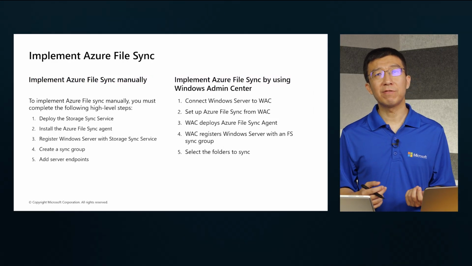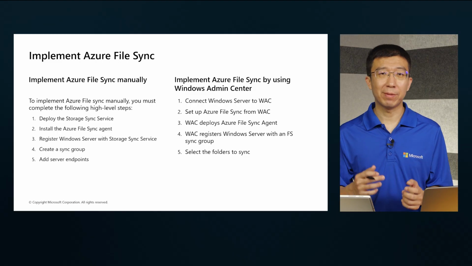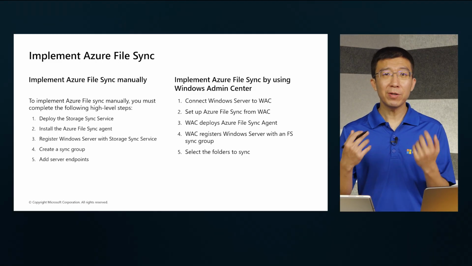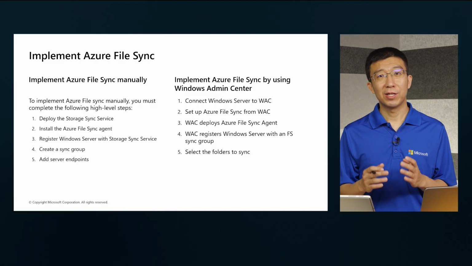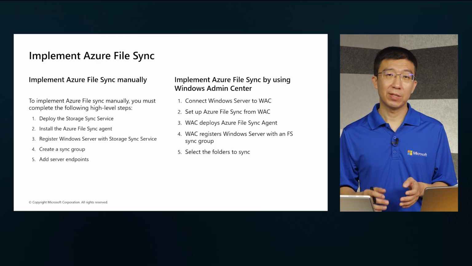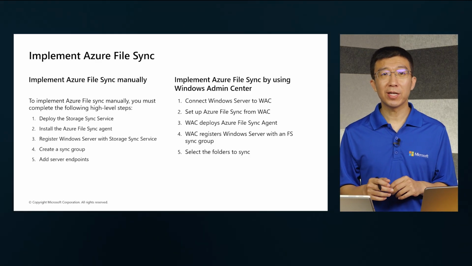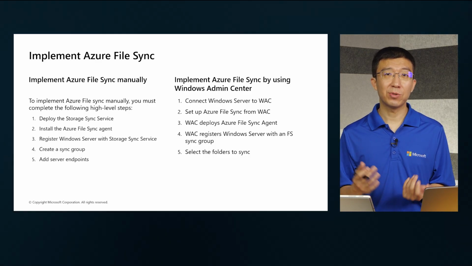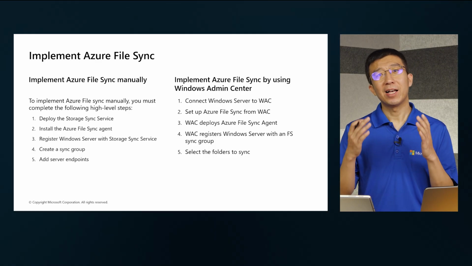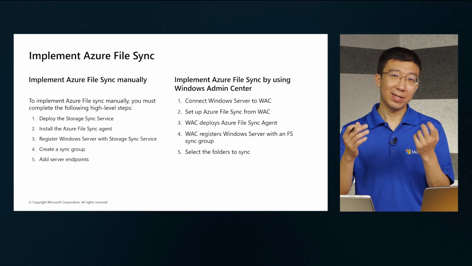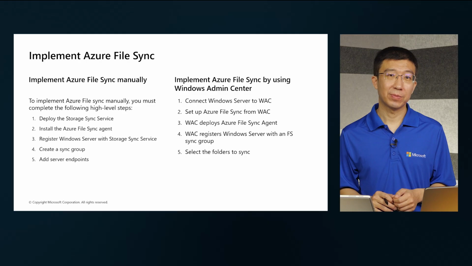To implement Azure File Sync, follow these steps. For the manual setup, deploy the Storage Sync Service. Install the Azure File Sync Agent. Register your server. Create a sync group and add server endpoints.